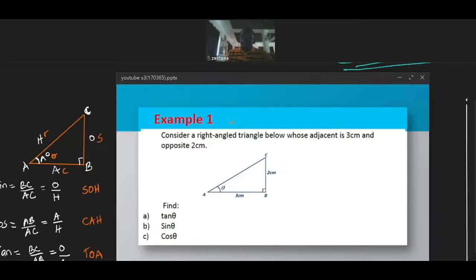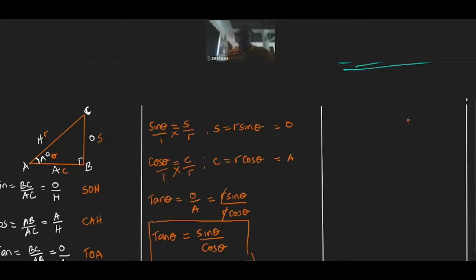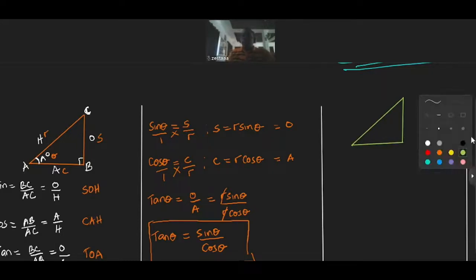Here we are told to consider a right angle triangle below, with the adjacent being 3 centimeters and the opposite being 2 centimeters. Let's redraw it here. If you do have any comments, please feel free to use our chat there, and we shall get back to you at any one moment.